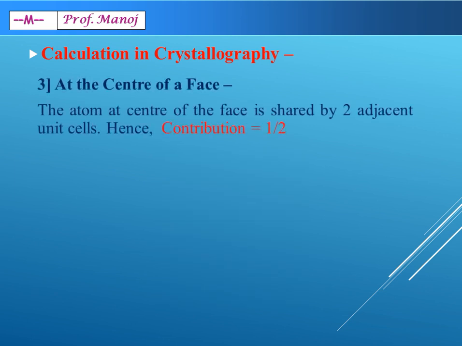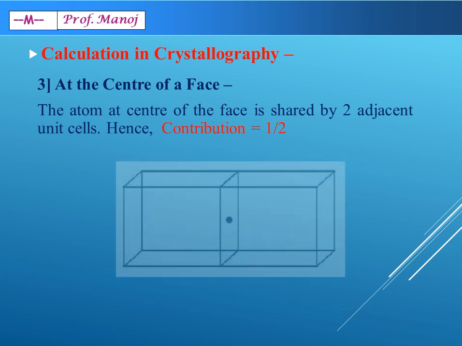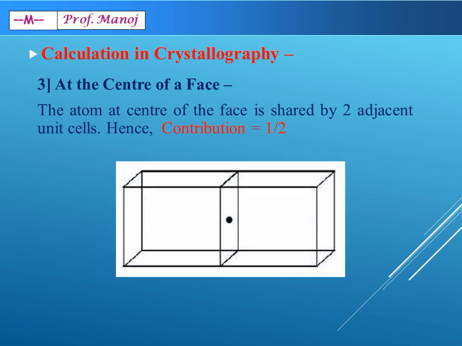If you have an atom at the center of a face, before I show you the diagram, imagine for a moment a face of any unit cell is shared by how many of them? One face belongs to two unit cells. So half a part is in one unit cell, half a part is in the second unit cell.